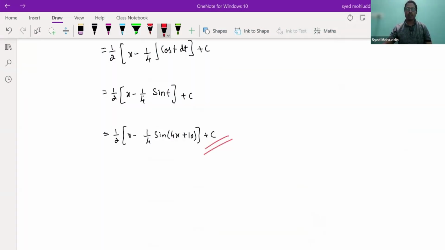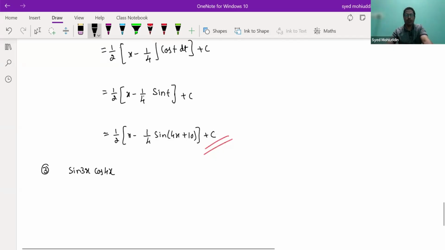Sine 3x cos 4x. Now, for this, there are 4 sets of formulas that you need to remember: sin A cos B, cos A sin B, cos A cos B, sin A sin B. These 4 sets of formulas you need to remember.